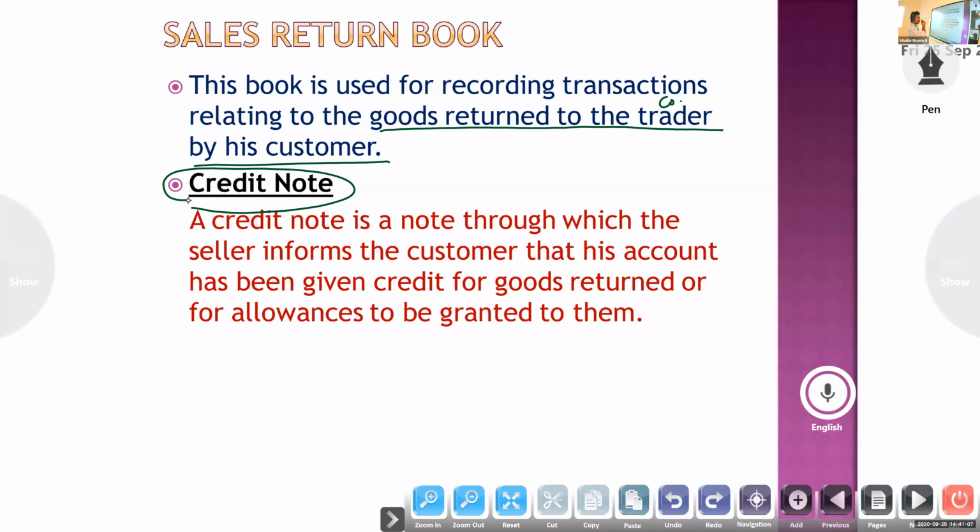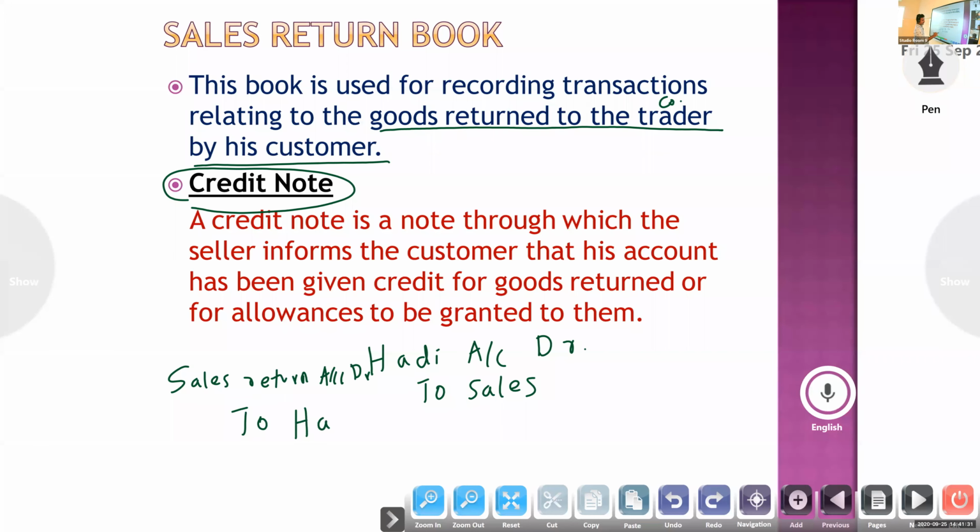Suppose we sold goods to Hadi. The entry will be Hadi account debtor to sales. If there is a sales return, the entry will be sales return account debtor to Hadi. Here Hadi is credited, so credit note.